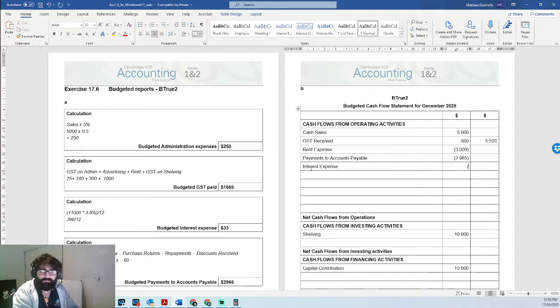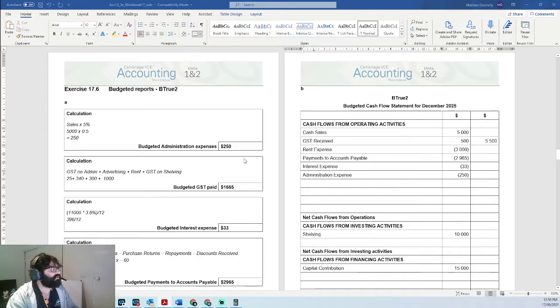I'm just getting these from the previous question, by the way. We've got payment to accounts payable, interest expense, administration expense. You can call it budget administration expense, but I just call it administration expense. And that will be 250 in brackets, always brackets.